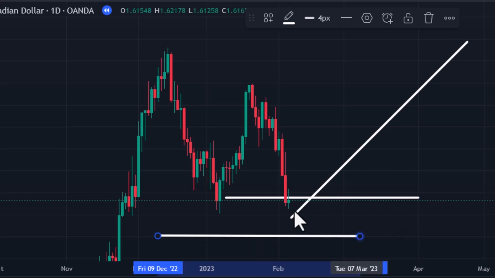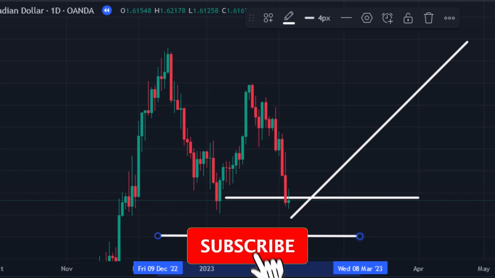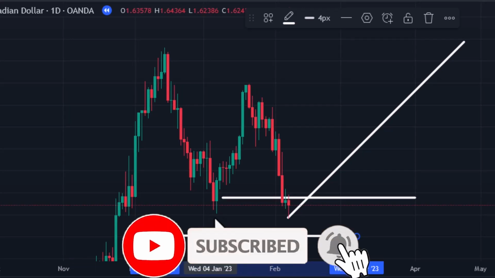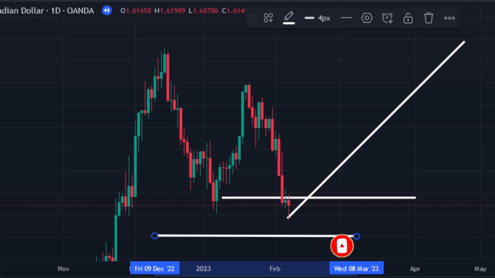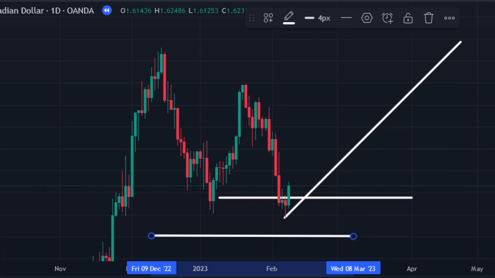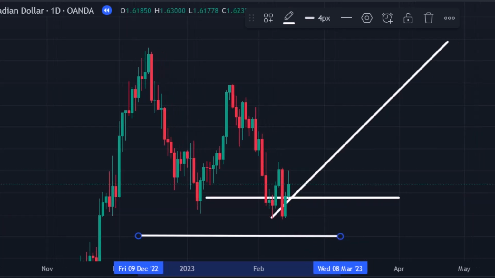So let's say you enter at this level. What do we have? See, you can see price broke the previous support level, and what happened? It started going in your direction. You also came down, retested the new established support before heading upwards.